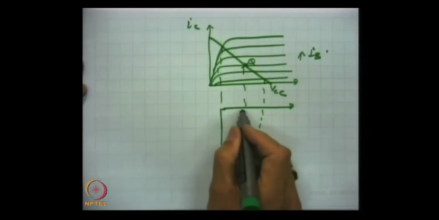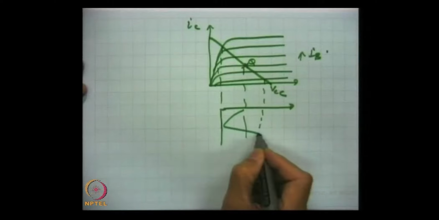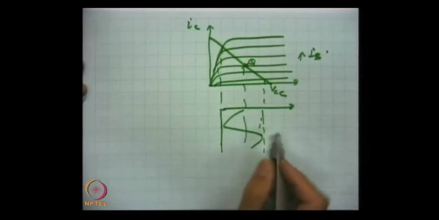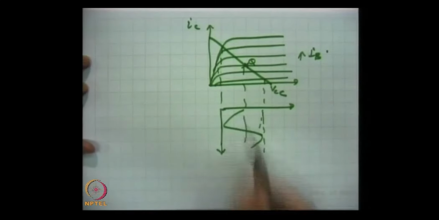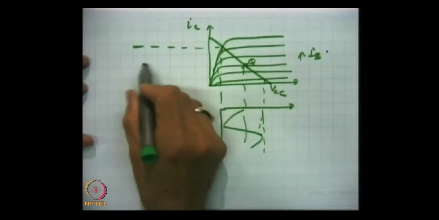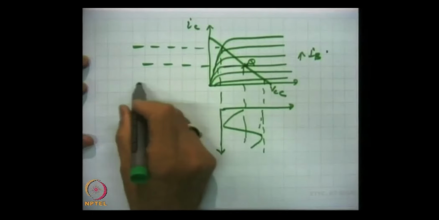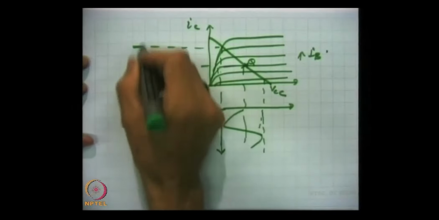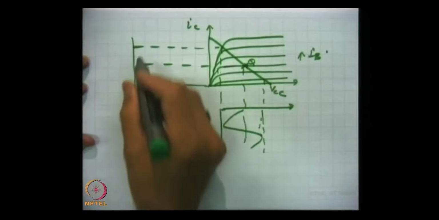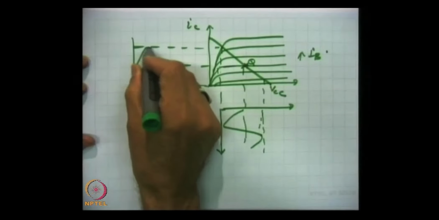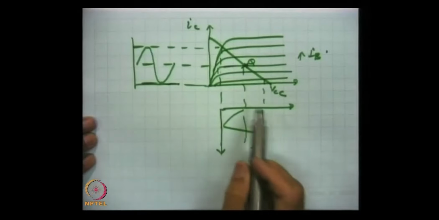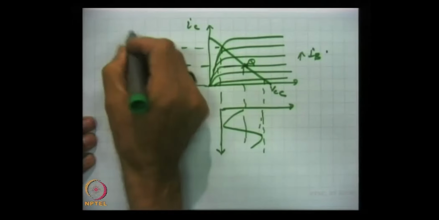It is this way. And accordingly the current will vary. This current varies like that. This is a very large voltage swing and large current swing.